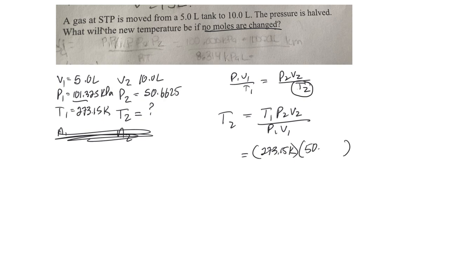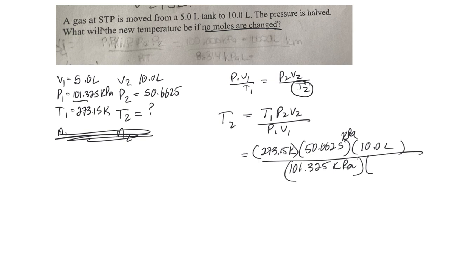So 50.6625 times volume 2, which is 10 liters, divided by pressure 1, 101.325 kilopascals, and volume 1 is 5 liters.